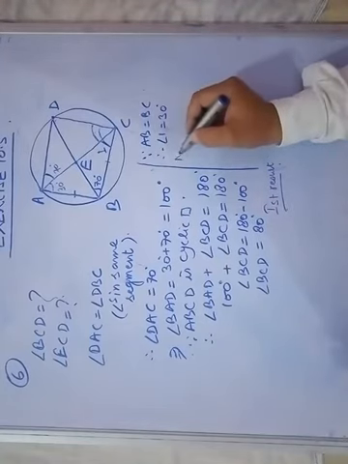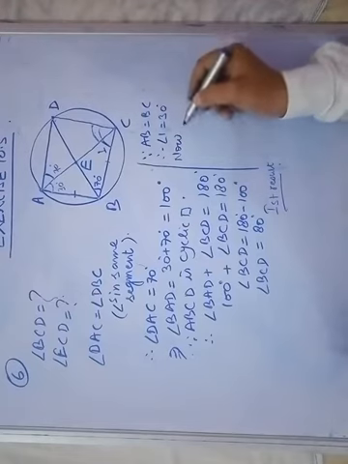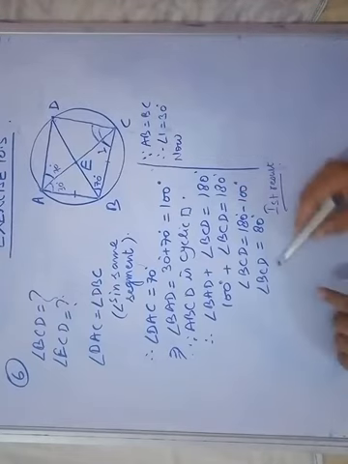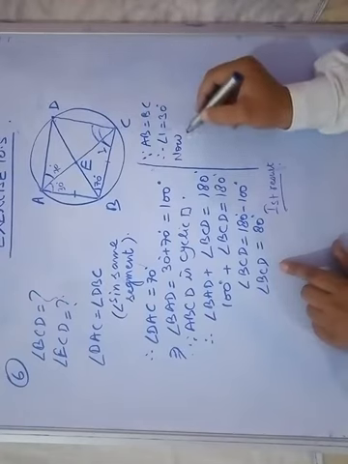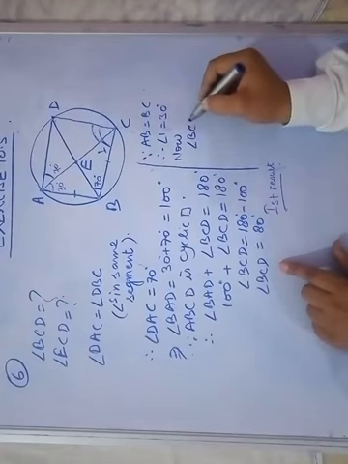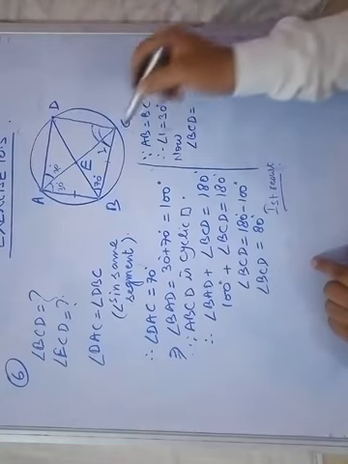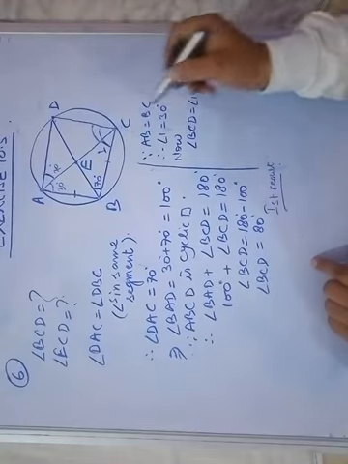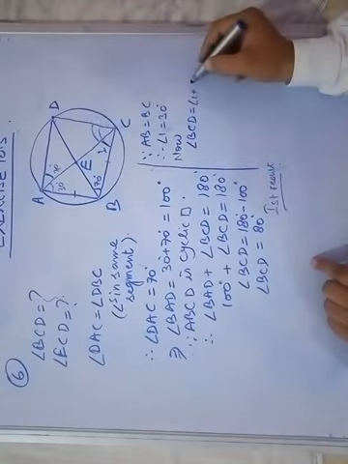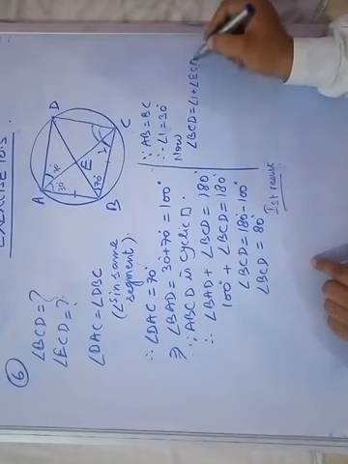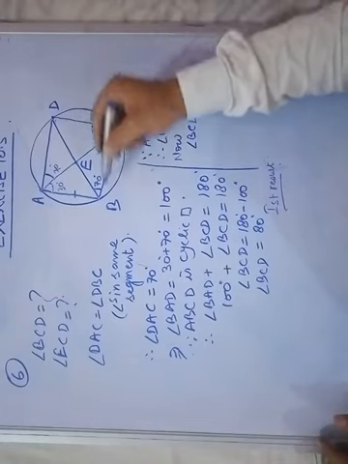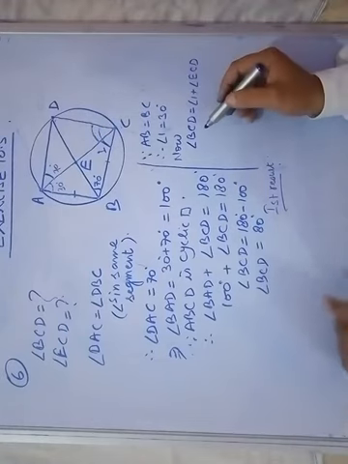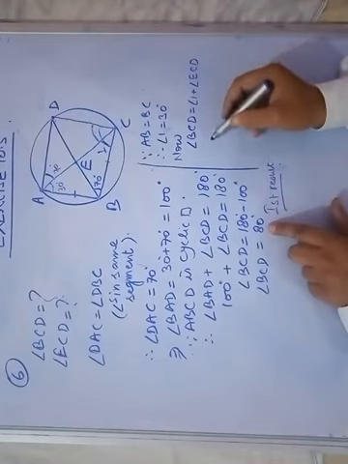Now angle BCD may be written as angle 1 plus angle ECD. This angle 1 and this part is complete BCD, and we have BCD is 80 degree.